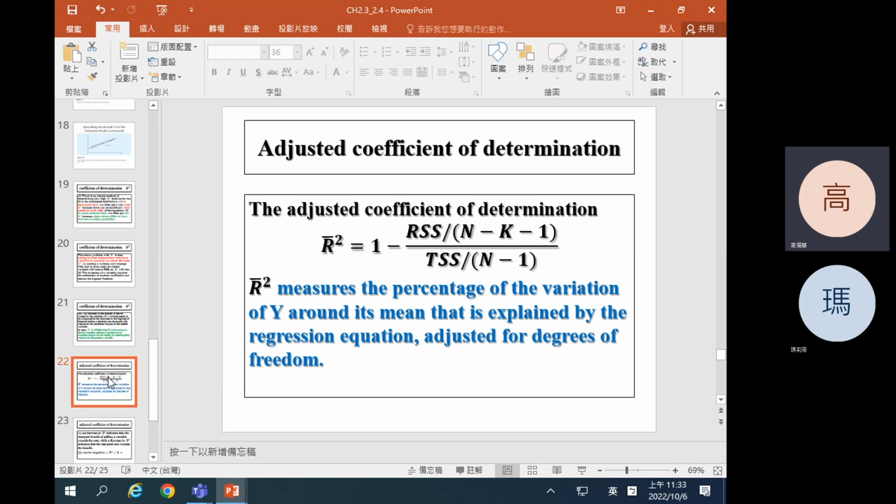Wording is always hard to understand, but after I write the expression like this, you can understand the meaning of those words, right? Any questions about this? Adjusted R squared really counts the number of x variables. Okay, and this is what we really want.